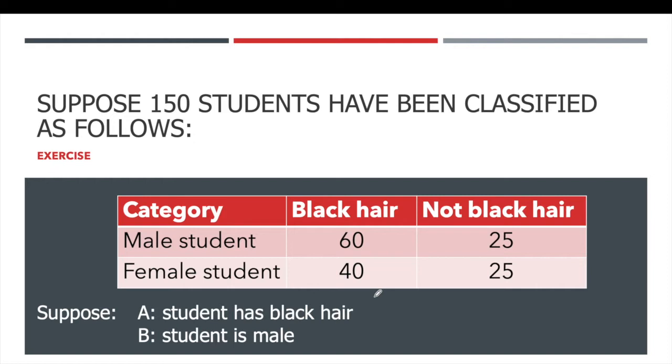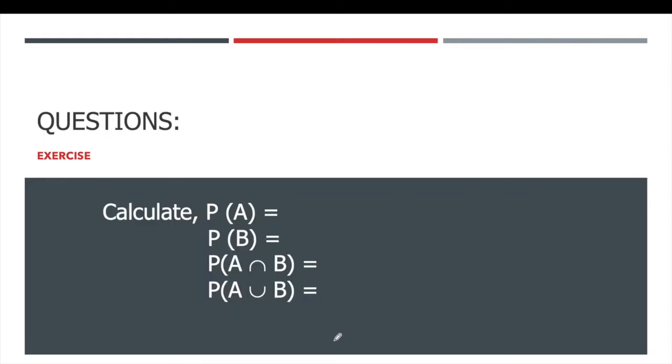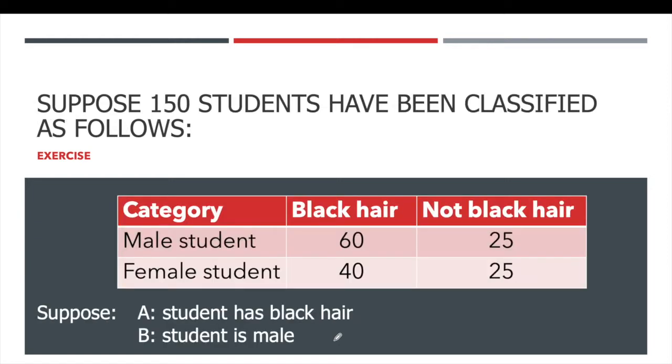Male students are 60 and 25, female students are 40, with black hair and not black hair being 25 and 25 respectively. Suppose A is the student who has black hair and B is the student who is male. So the question is, what is PA? We need to find the probability of A.